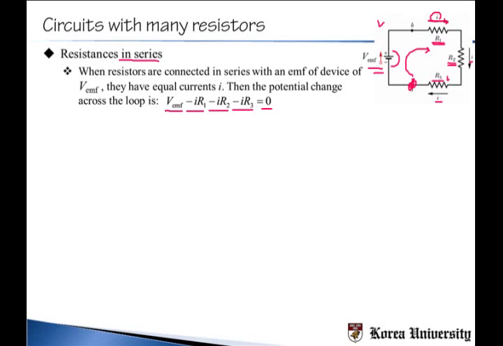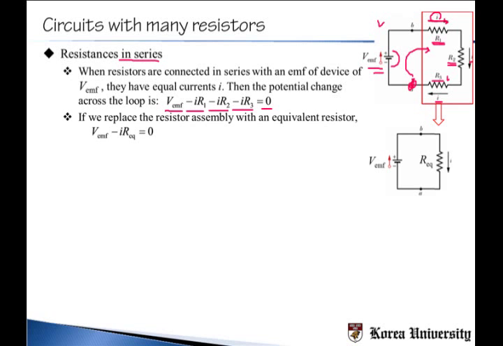Okay, and then as I said, what we really want here is figuring out the total resistance, which is the result of these three resistors connected to each other. So let's try to draw a similar circuit like this with this EMF device, but with a single resistor.